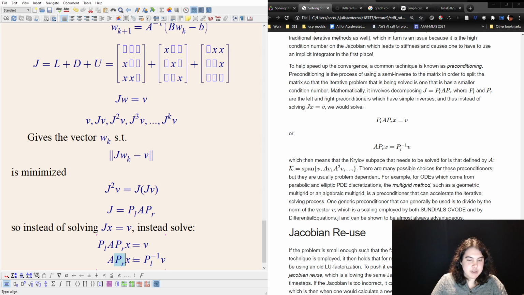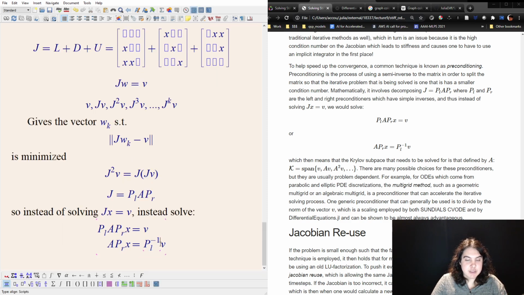The right preconditioner is just a projection of our x. The left preconditioner is really significant here, though. Basically, what it says is that if you can pull apart a part of the Jacobian which is easy to invert, then you can use that known inverse to make the linear system you're trying to solve easier.